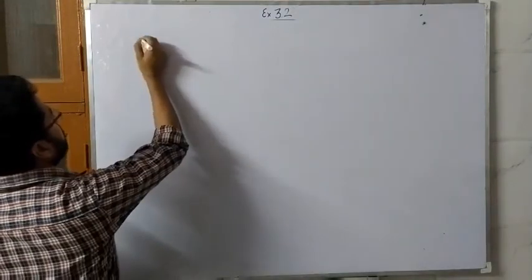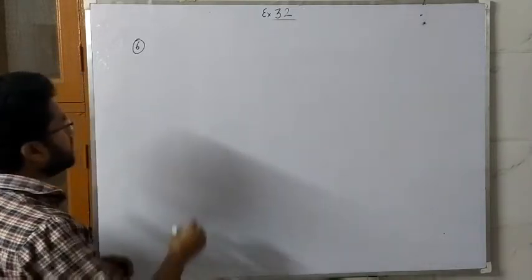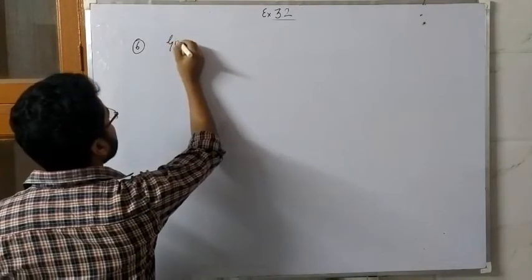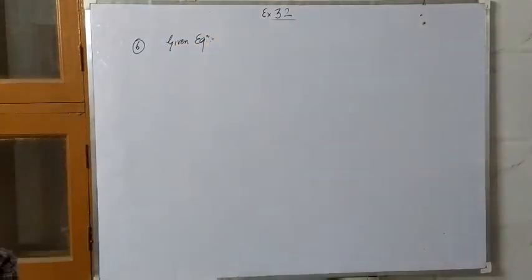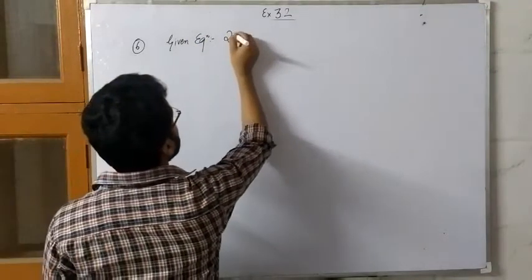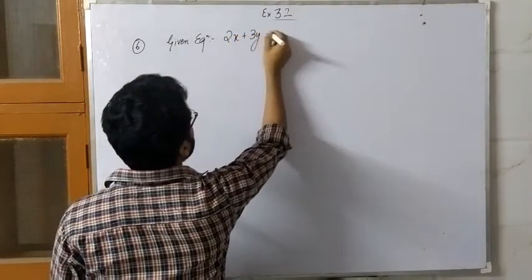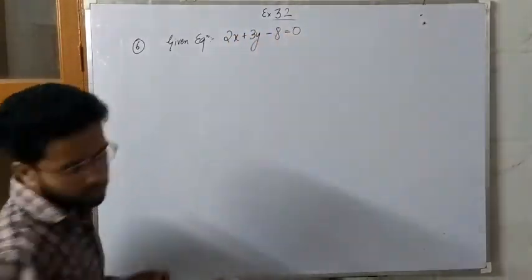Question number 6 is about what? It is being said that you are given a linear equation and you have to write another equation so that together they can be intersecting, parallel or coincident, right? The given equation is 2x plus 3y minus 8 equals 0, right?